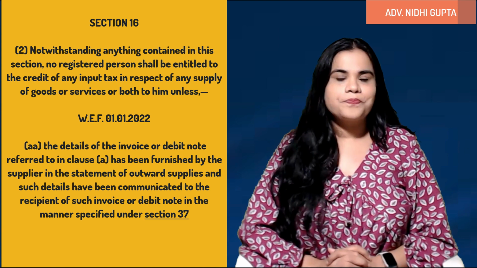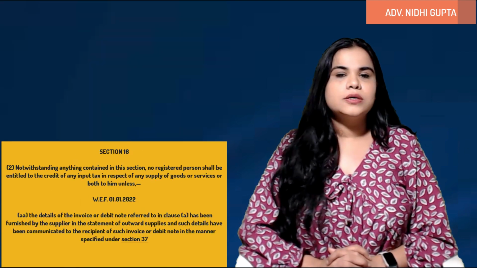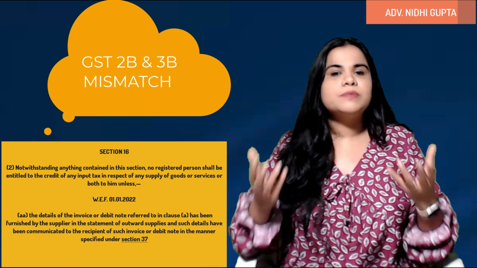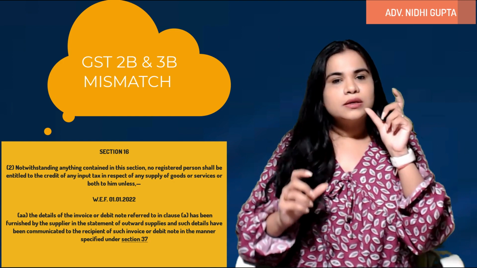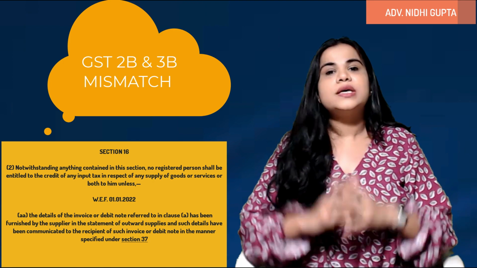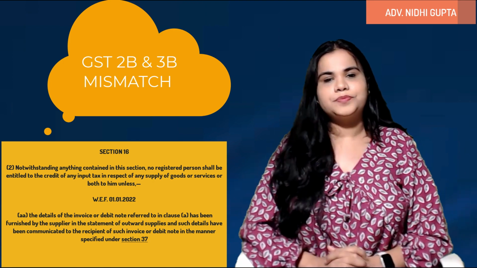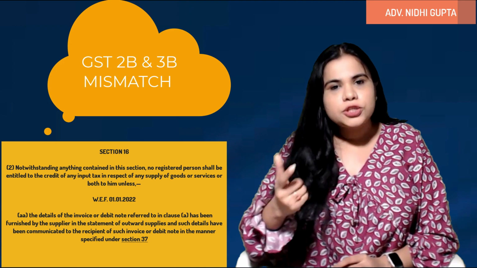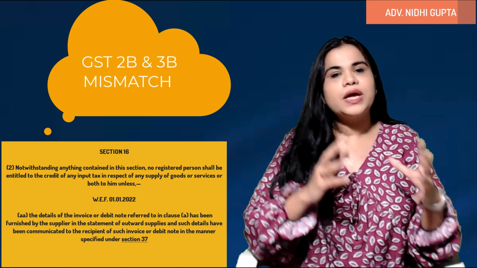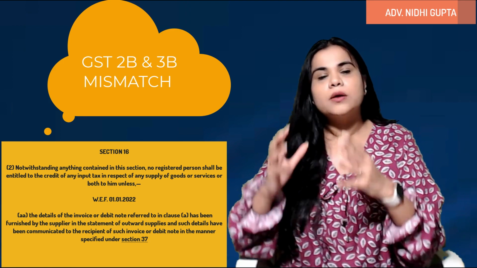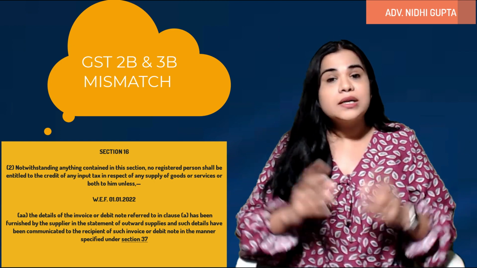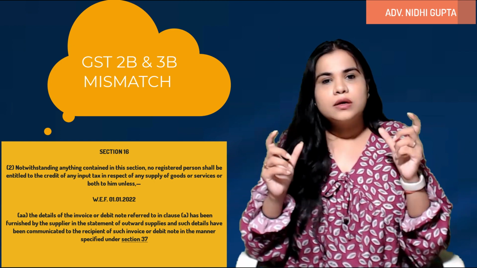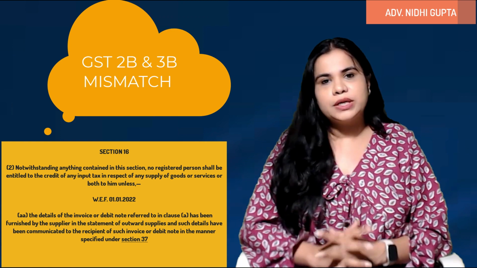In short, if there is any GSTR-2B 3B mismatch for any recipient, then that differential credit is his ineligible credit. Now the important question is, what if any recipient avails credit more than what is getting reflected in his GSTR-2B? That is, what if there is GSTR-2B 3B mismatch for any recipient?